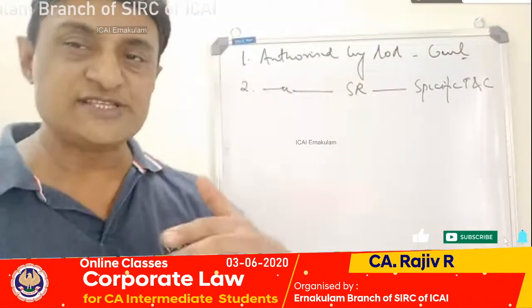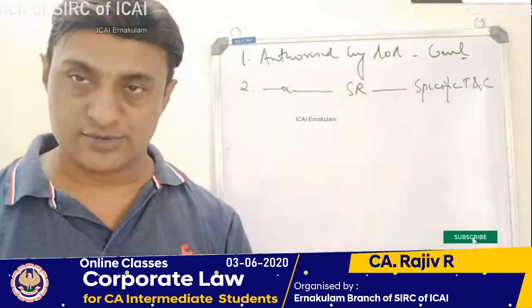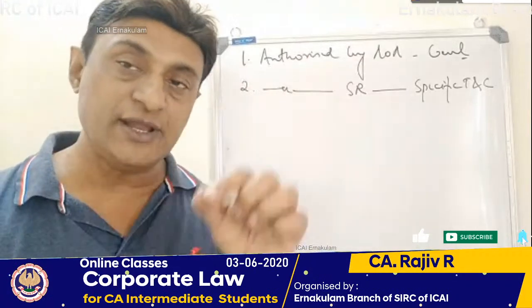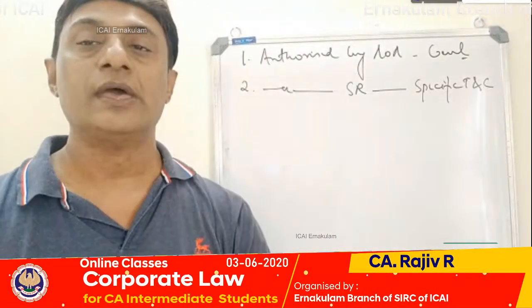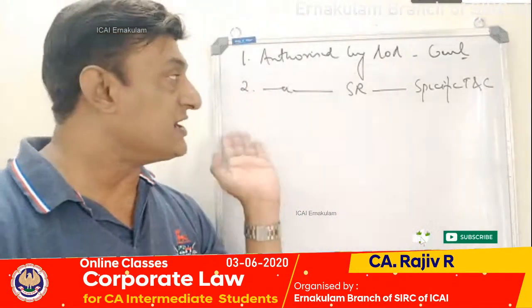So articles will generally give you a blanket approval to buy back or to redeem preference shares at any time. The particular redemption which you are doing today will have certain terms and conditions. Those must be approved by a special resolution.